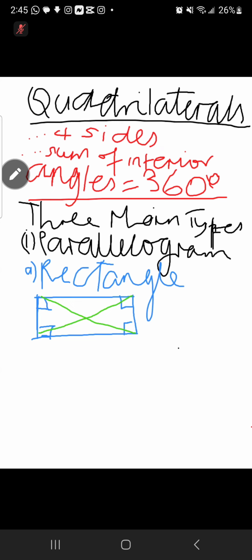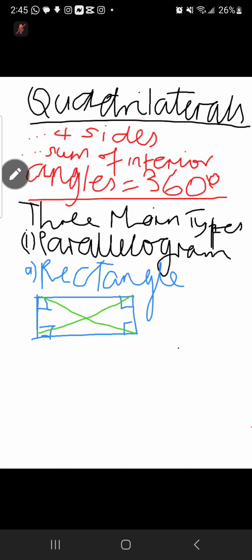For the rectangle, it has equal diagonals. Yes.